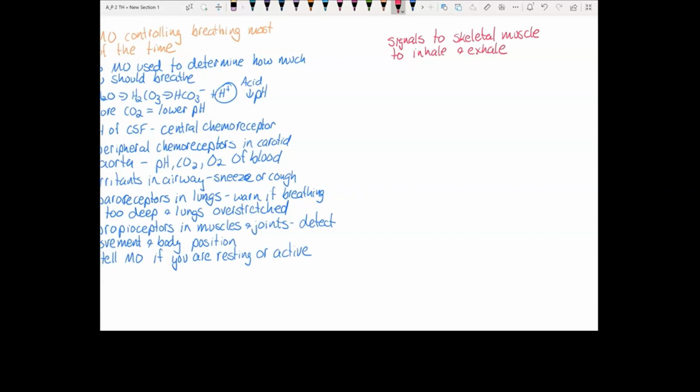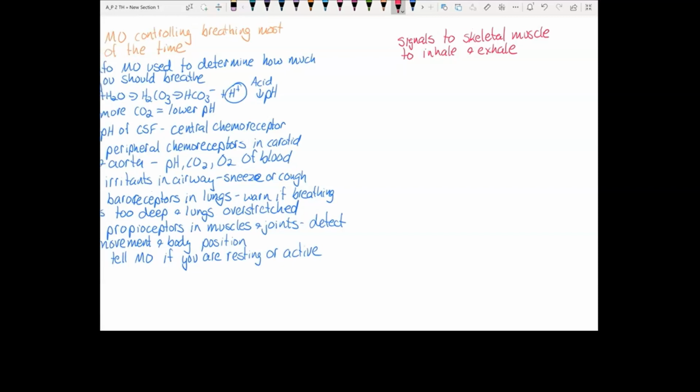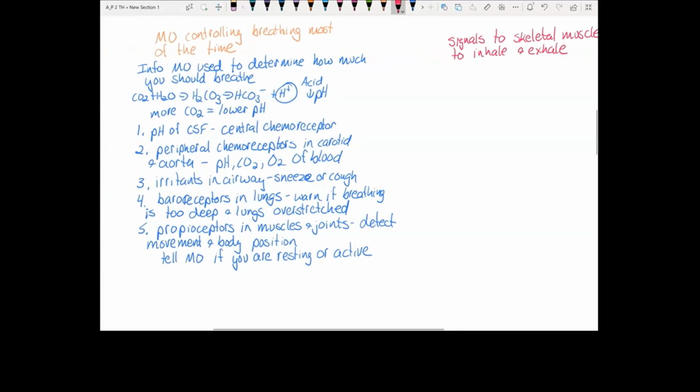Okay, so you're basically either going to breathe more or breathe less. So let's match up breathing more or breathing less with our information here. So we can lump 1 and 2 together.